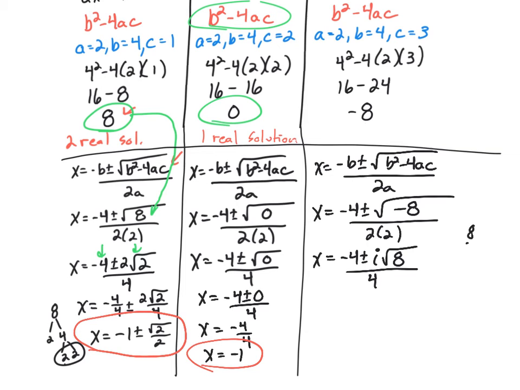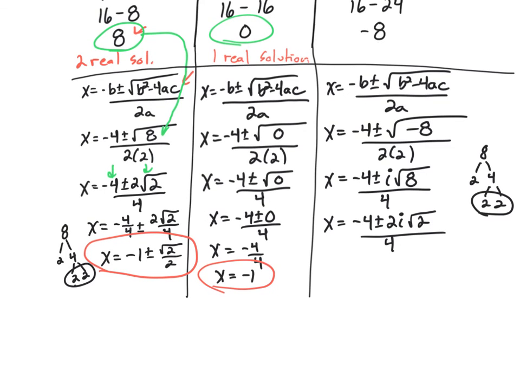And we said already we can break 8 down with a factor tree. So I have a pair of 2's with a 2 left over. So x is equal to negative 4 plus or minus, 2 goes to the outside with the i, square root of 2, all over 4. Now I'm going to separate the real part from the imaginary part. So x is equal to negative 4 over 4, just like we did in the first part over here.